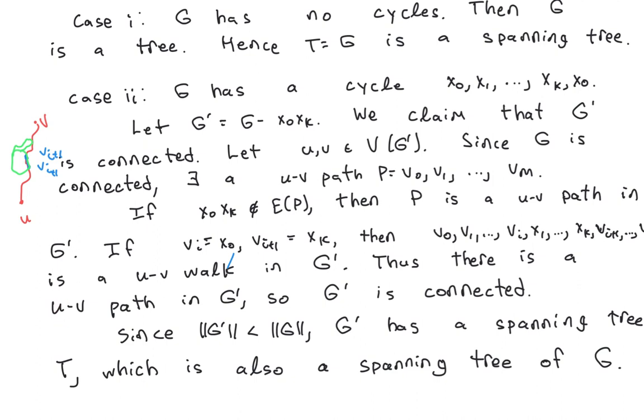And so now we found a path in G prime. Thus we can conclude, since U and V were arbitrary vertices, that G prime is connected. And since G prime has one fewer edge than G, we can apply the induction hypothesis to conclude that G prime has a spanning tree. Then it turns out that spanning tree must also be a spanning tree of the original graph.